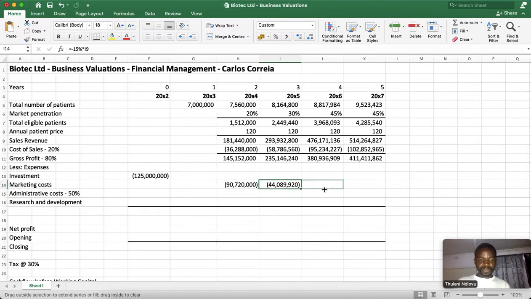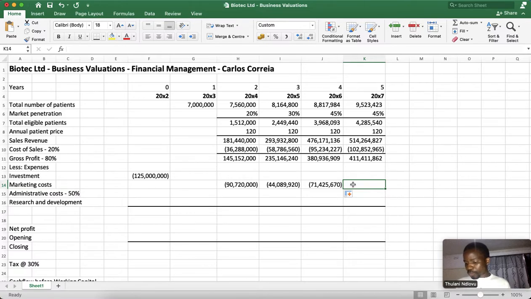Then we are also told that from 20x7, the marketing costs will be 20x6 multiplied by 1.04, as the marketing cost will be growing by 4%. That's where in 20x7 our growing perpetuity starts.